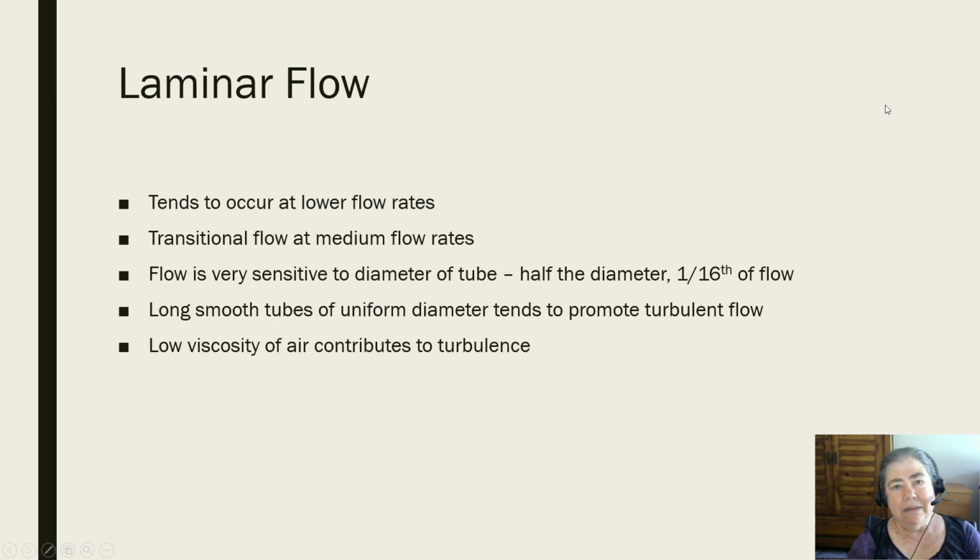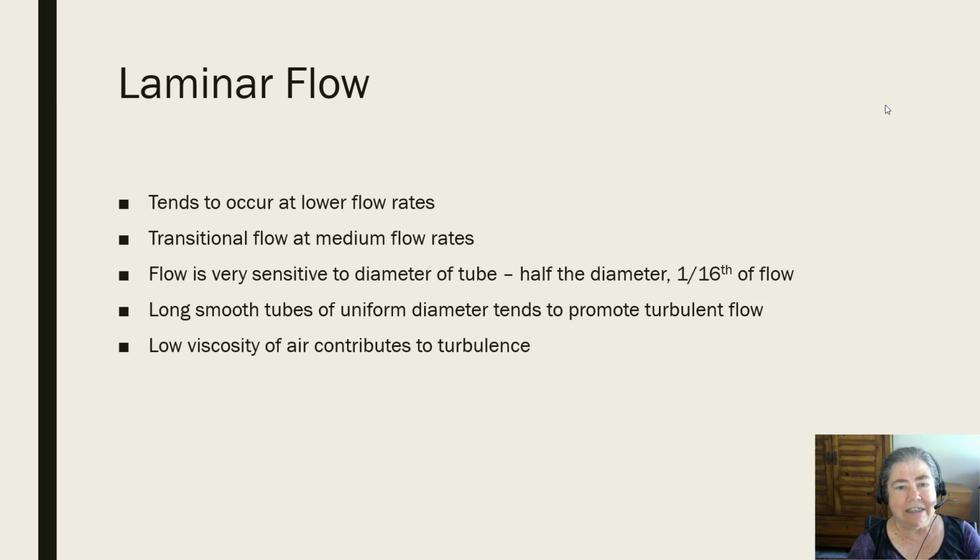I want to talk a little bit about something that I find counterintuitive. When we were talking about flow in blood vessels and laminar flow, we said that blood flowing through straight wide vessels develops laminar flow. And that's the straight wide vessels where the blood is traveling at a rather rapid rate.